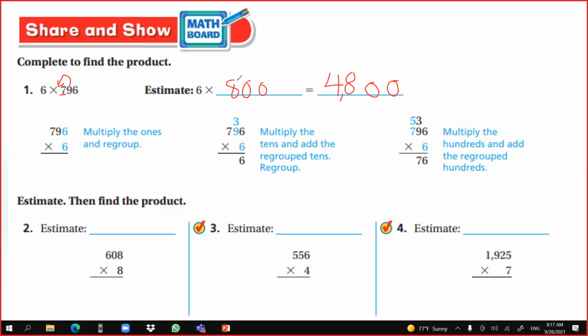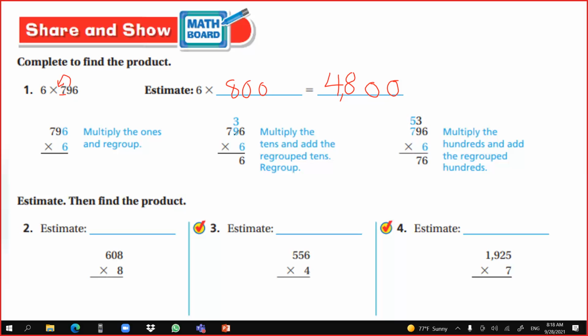Now then, what do I have to do? I have now to multiply 6 by 796. So then, 6 times 6. Yes, Haneen, 6 times 6. 36. So you have to write 6 down and 3 up.